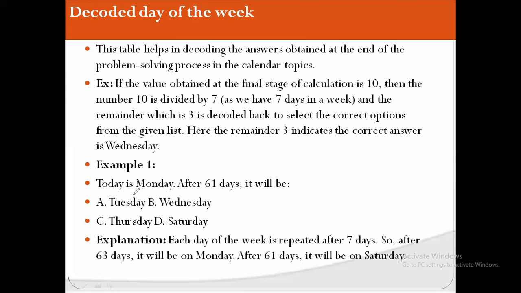Suppose today is Monday, and they ask what day it will be after 61 days. We divide 61 by 7, because a week has 7 days, and after every 7 days the same day repeats. Each day of the week is repeated after 7 days.